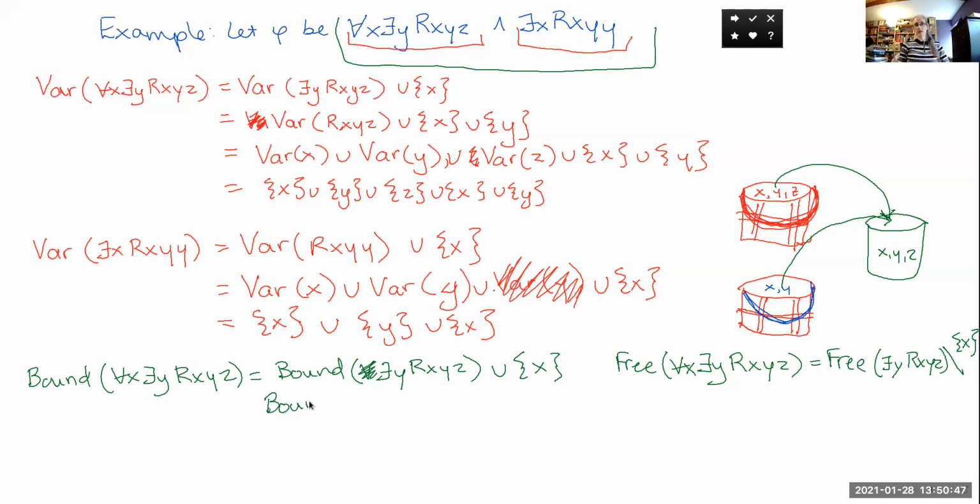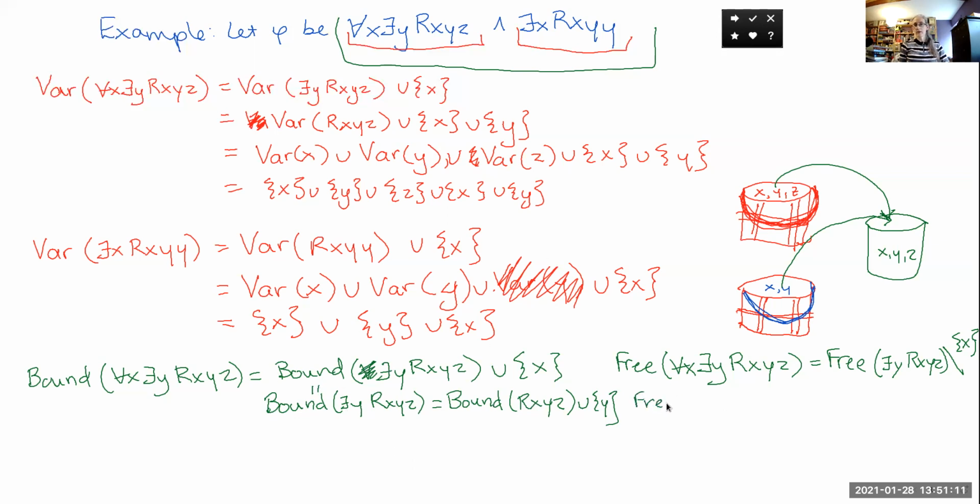So now we want to know, well, what are the bound variables in exists y R(x, y, z)? Well, these are going to be whichever ones were bound in R(x, y, z) along with y. So those two are the same thing.